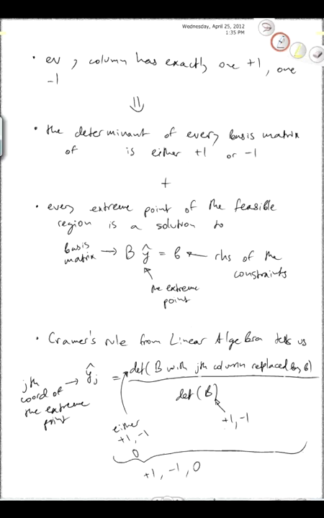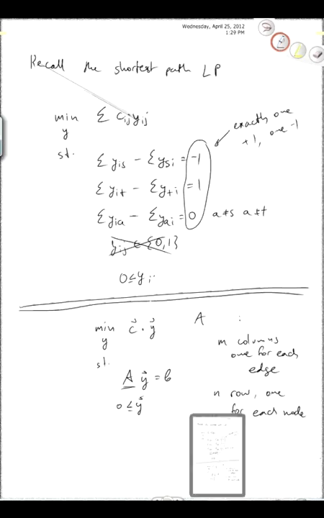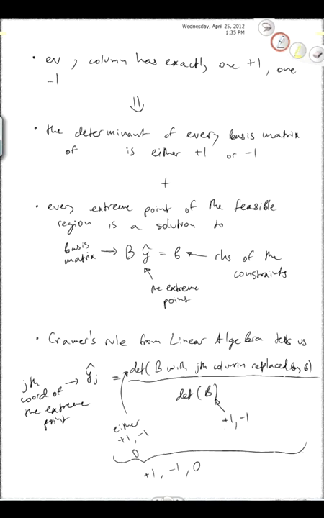Now remember that originally we wanted the y's to be either +1s or -1s. And right now we're saying that if you solve the linear program with the simplex method, you're going to get an extreme point, and the extreme point can only have coordinates that are +1, -1, or 0.